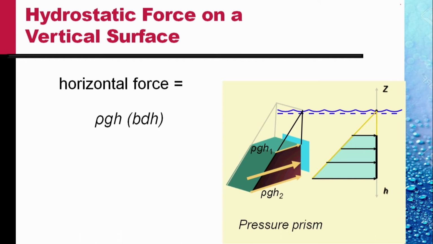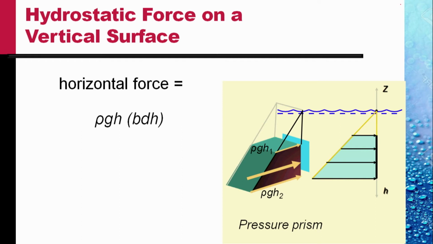Let us consider an element of height dh at a depth h from the free surface. The pressure on that little element would be rho g h, and so the force on the element would be rho g h times b dh, where b dh is the area of that element.